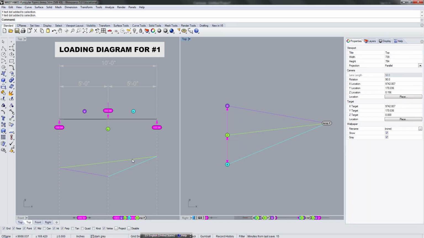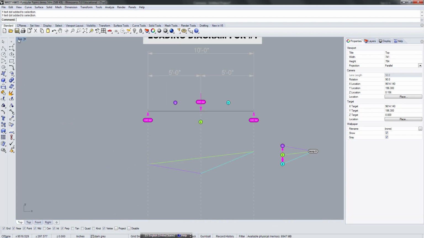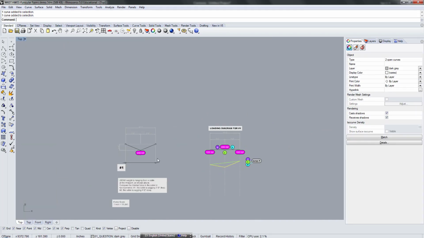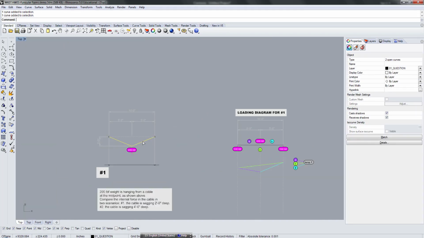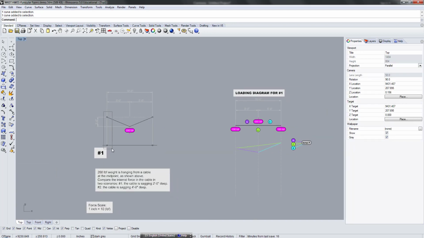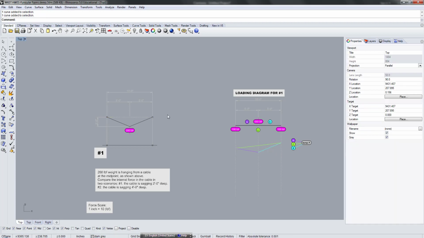So right now, if you compare what we just drew as a form of the cable, which would be this, to what we are asked to do, which is held by these poles that are the same height. On the diagram that we drew, the height of the left point and the right point is different, whereas this one has two of them at the same height.